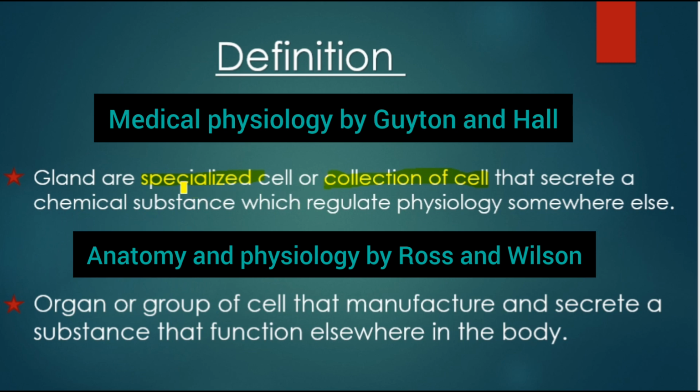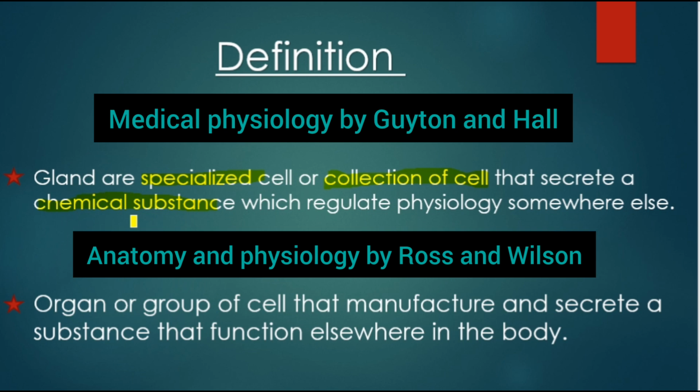So this is a specialized single cell, or it may be a collection of cells, that secrete a chemical substance that we call hormones, which regulate physiology somewhere else. It means that glands are a cell or a group of cells responsible for secreting a chemical substance.